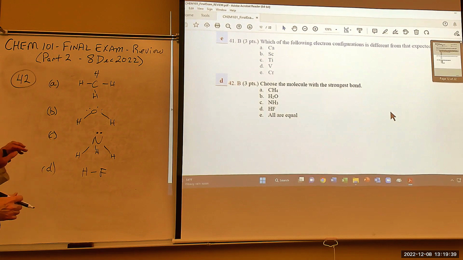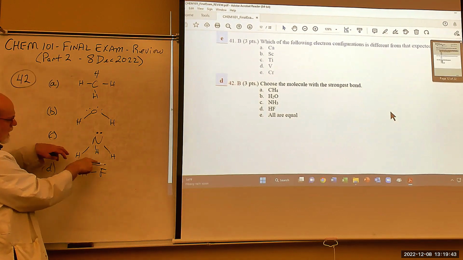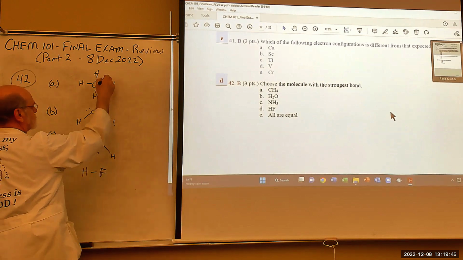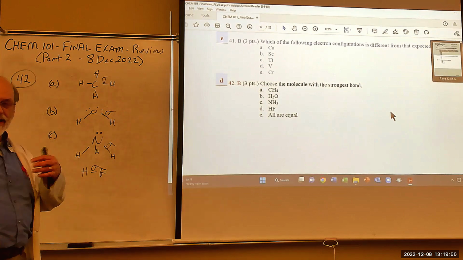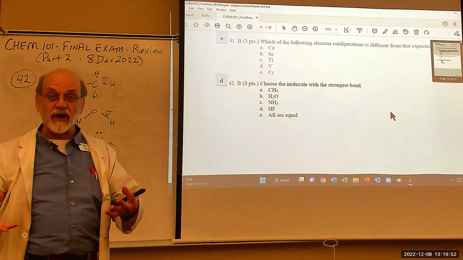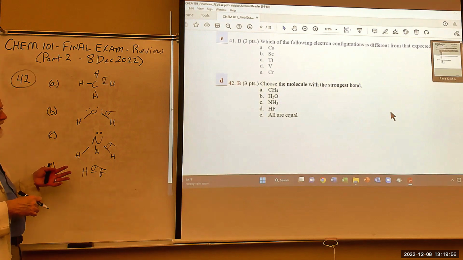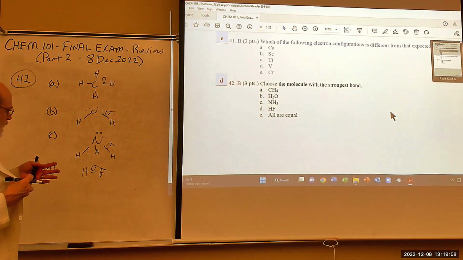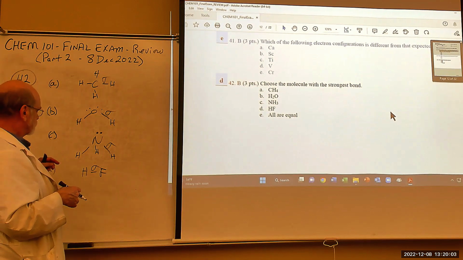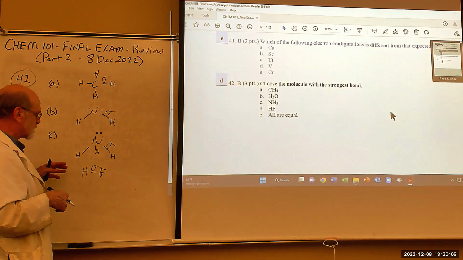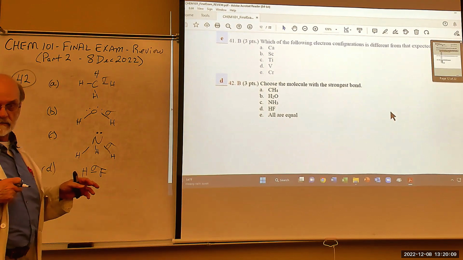All right, which one has the strongest bond? Well, these are all sigma bonds. Sigma, sigma, sigma, sigma. So we need a tiebreaker. Either they're all equal or one of them is stronger. What we find is the strongest bond is due to the greatest difference in electronegativity.